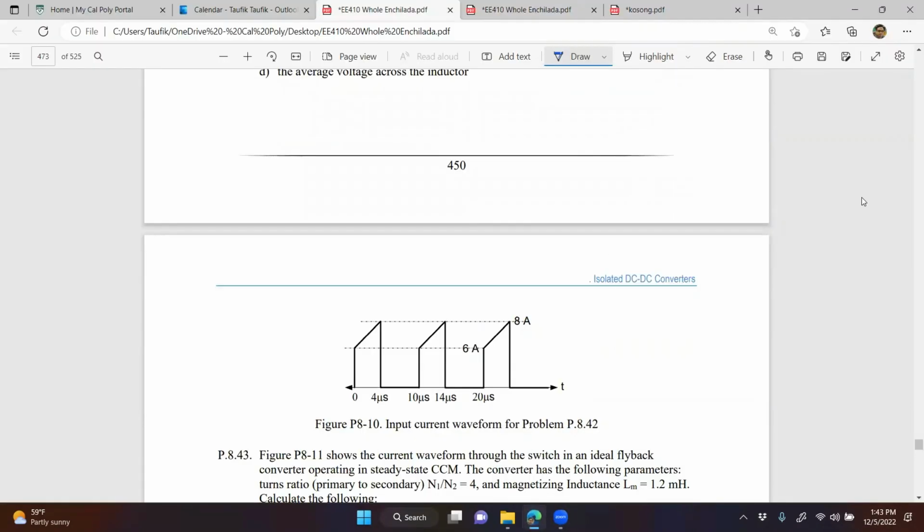All right. So we have the current waveform at the input of a push-pull. That's the I in of the push-pull.